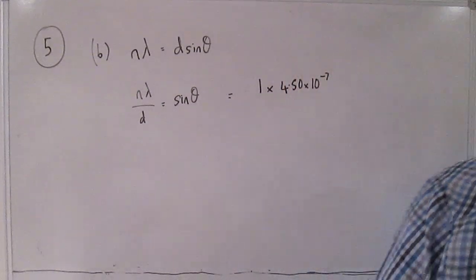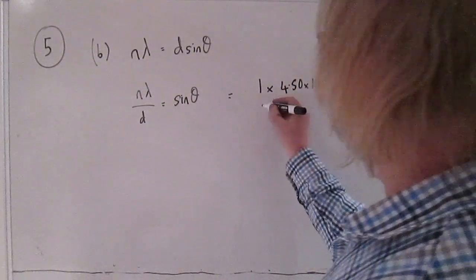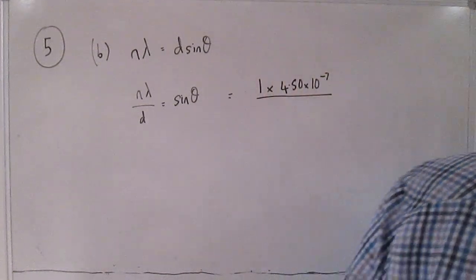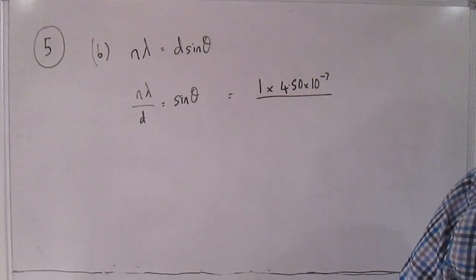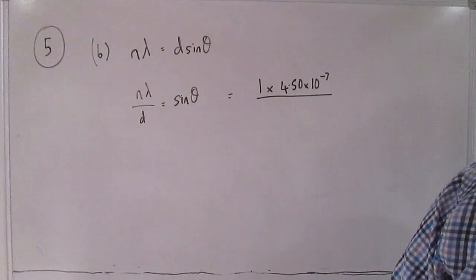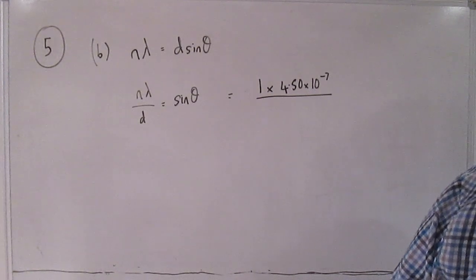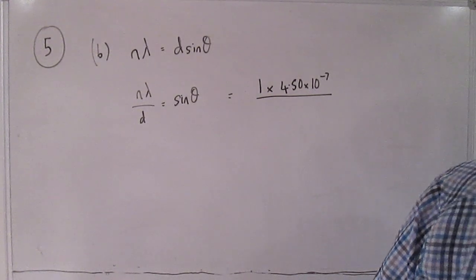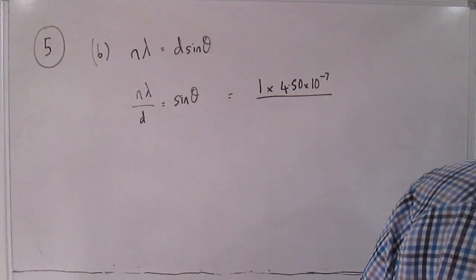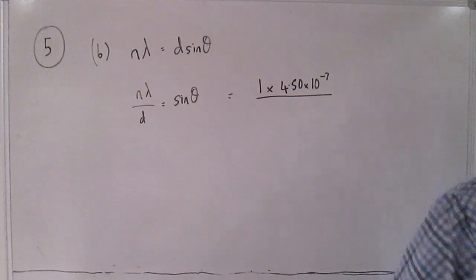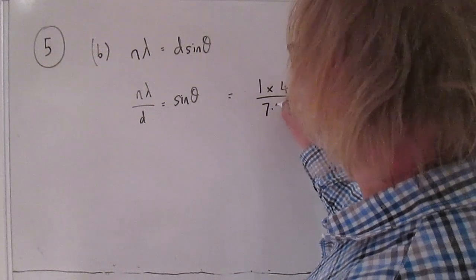And d is the spacing between the lines on the grating, which we worked out was 7.247 times 10 to the minus 7 meters. That was from part A.